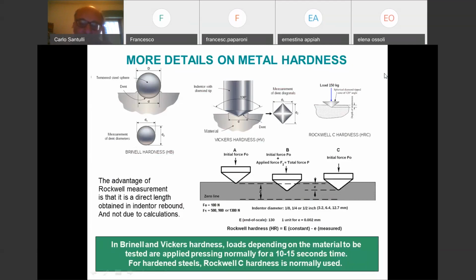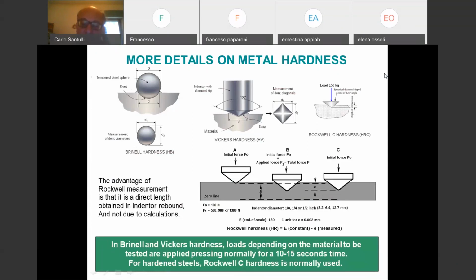What is done in practice is that you apply an initial force, then you indent, and by applying another force, you see which is the real penetration with respect to the zero line, which has been decided, and the whole thickness, which needs to be known.